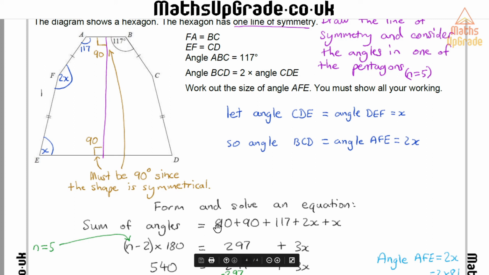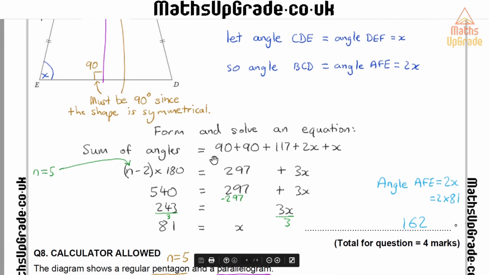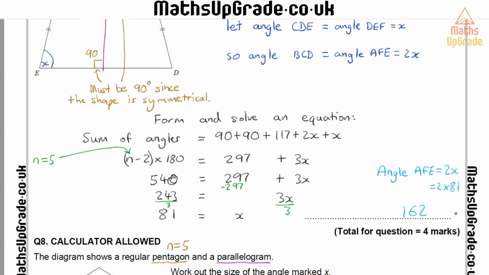At the same time, that is the sum of angles, so that's 90, add 90, add 117, add 2x, add x. If I simplify that side of the equation, collecting like terms, I end up with 297, add 3x. So 540 equals 297, add 3x.